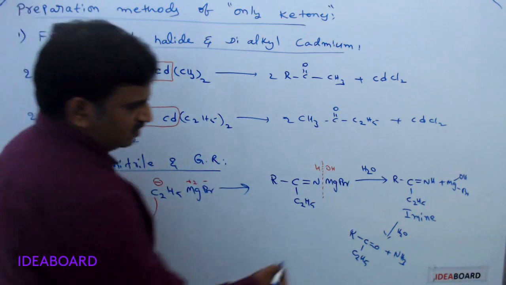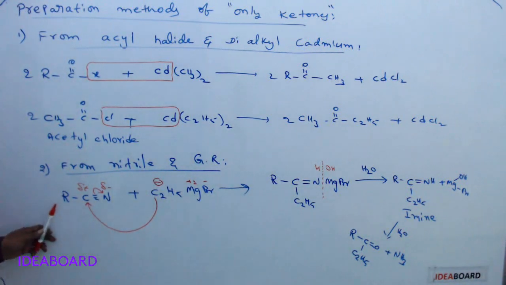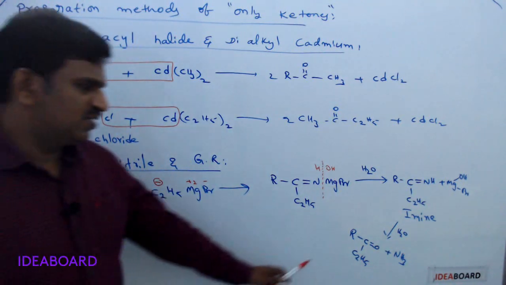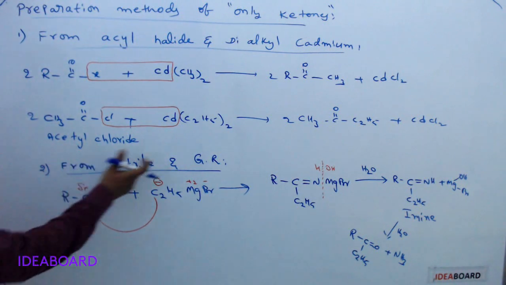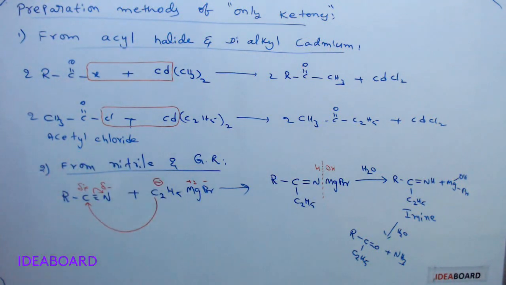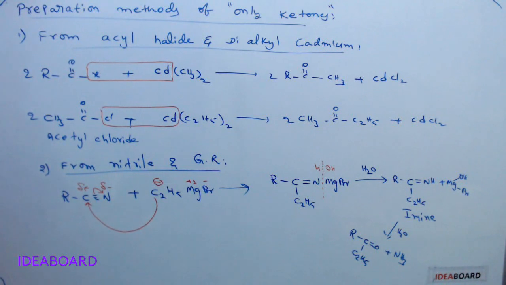Finally, we get ketones. If in place of the alkyl group you take a benzene or aromatic ring, then we will get aromatic ketones. So the first one is from acyl halides and dialkyl cadmium, the second is from nitriles and Grignard reagent, both for ketone preparation only.